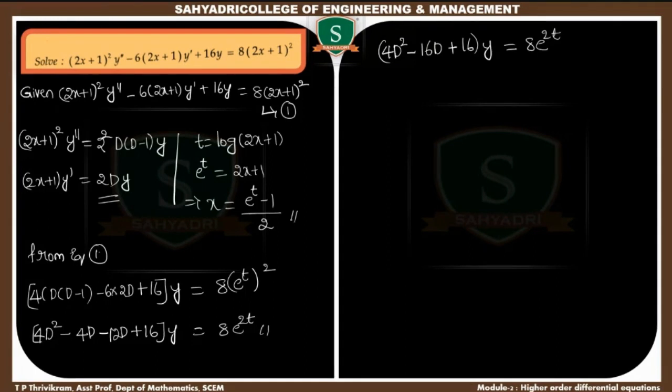Now if you take 4 common and send it to that side, 4 gets cancelled. (D square minus 4D plus 4) into y is equal to, if you send that 4 to the right hand side, 8 by 4 is 2, so 2 e power 2t.